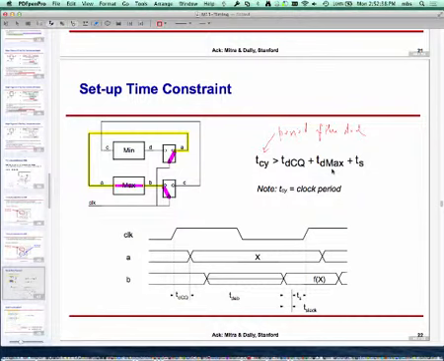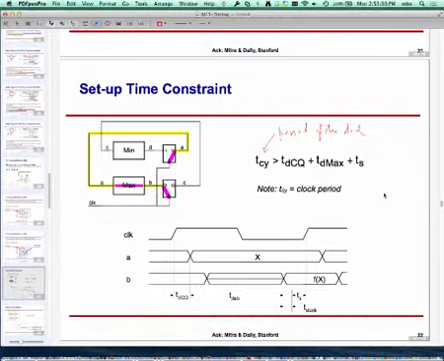Because if I dial down the clock, then I'm increasing the left-hand side. And at some stage, that left-hand side will become bigger than the worst case right-hand side, and your chip will work, assuming from a setup time perspective. You'll still see the hold time issue later. So this constraint decides how fast your chip can go.